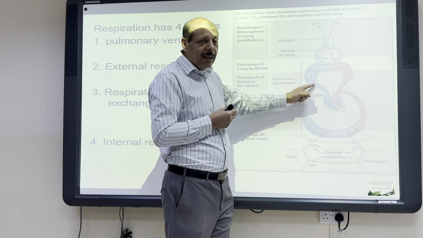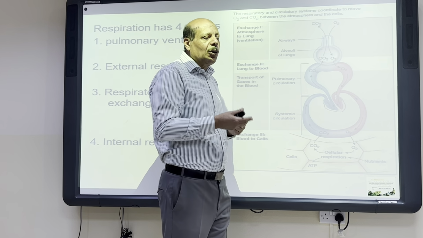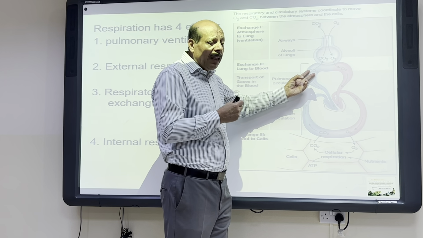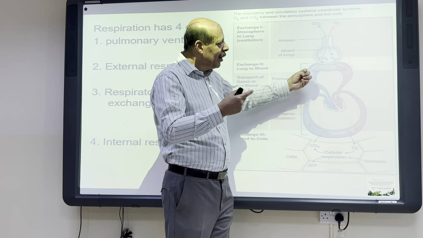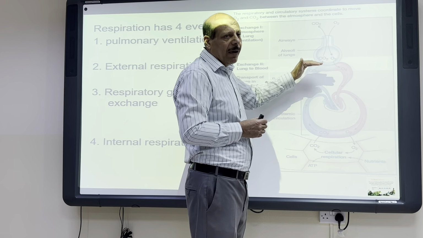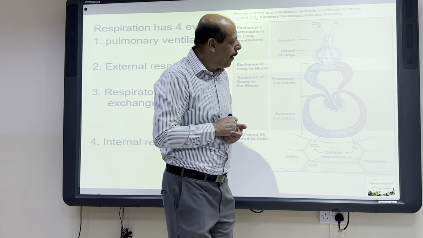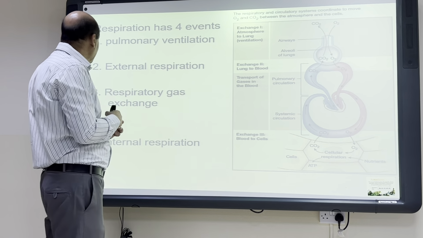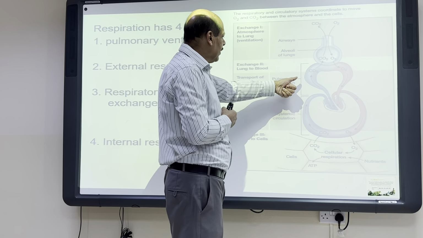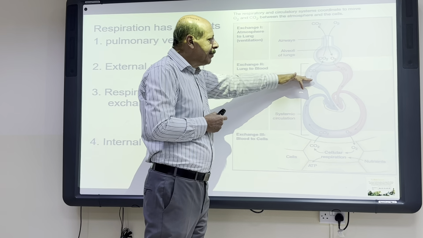The blood which is coming back contains more carbon dioxide, so the carbon dioxide will go from the blood to the alveoli and be expelled by expiration. So this is the external respiration, which is the exchange between the lung and the blood.